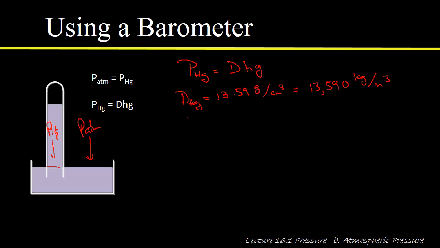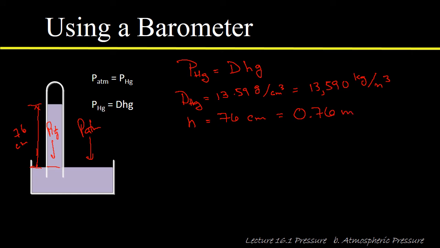Okay. The height is the distance to the top of the fluid, and remember that we said this was 76 centimeters. But in order to make our units come out, we want to convert that to meters, which is 0.76 meters.